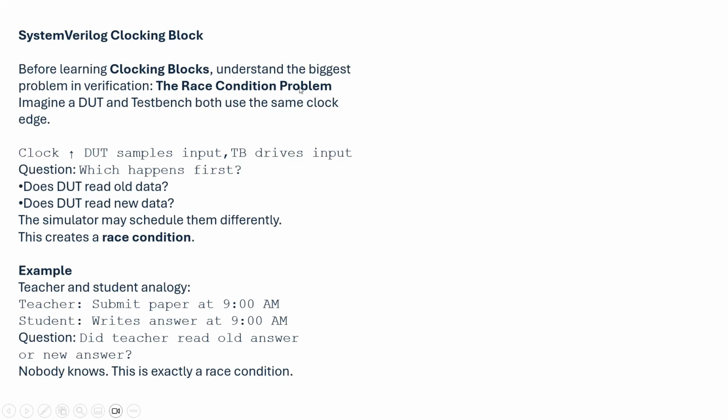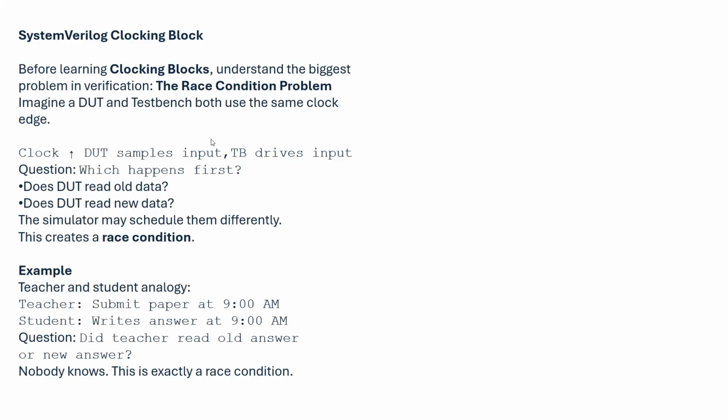Imagine the DUT and testbench both are operating on the same clock. You are driving the signals from the DUT, and your TB is also driving the same signals from the TB on the same clock edge. Then we may get a race condition. To avoid that race condition, we use clocking blocks.